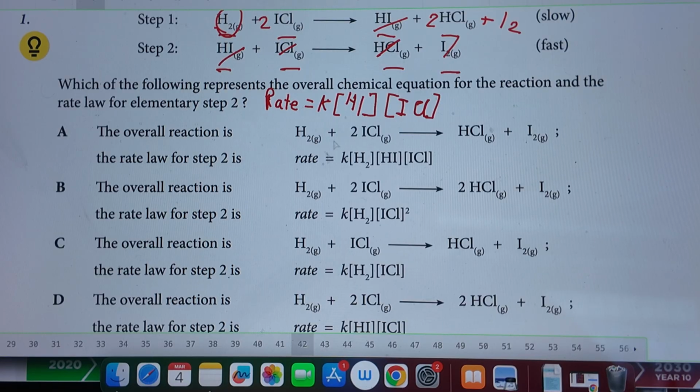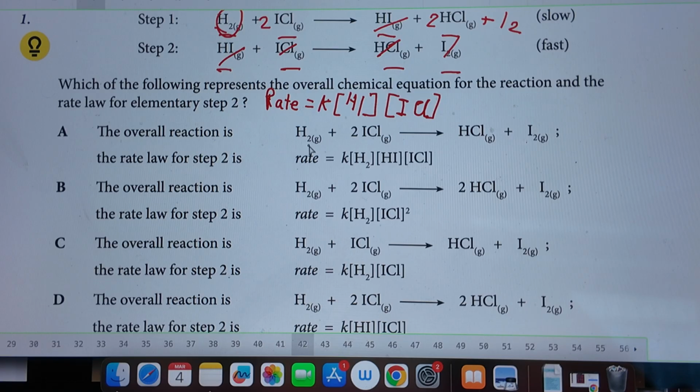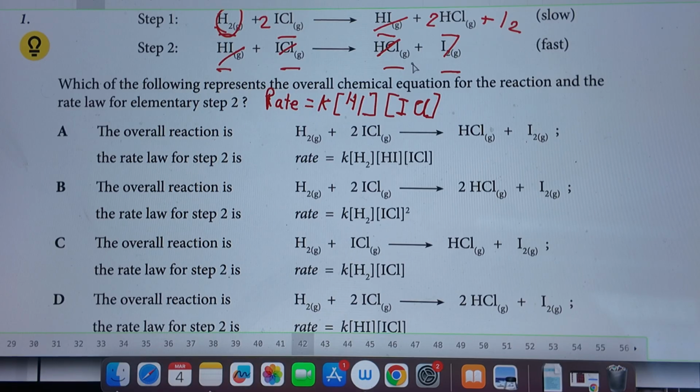Okay, so the overall reaction was H2 plus 2 ICl turns into 2 HCl, so it's not A. This one has the H2 plus 2 ICl turns into 2 HCl plus I2.